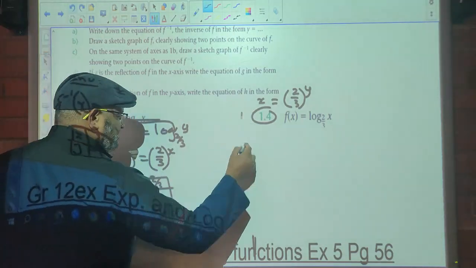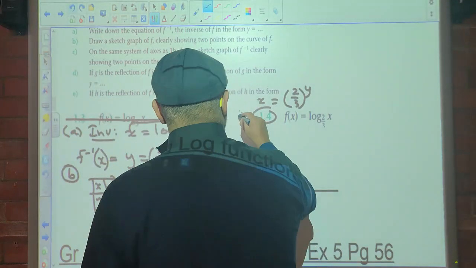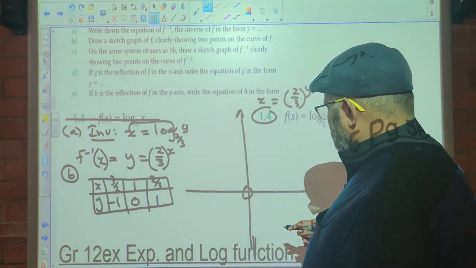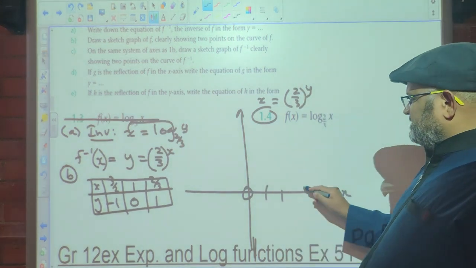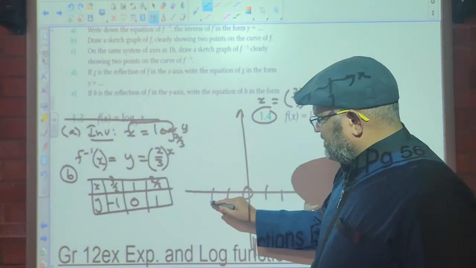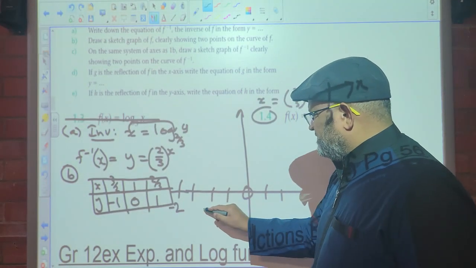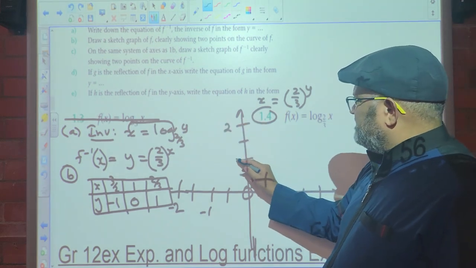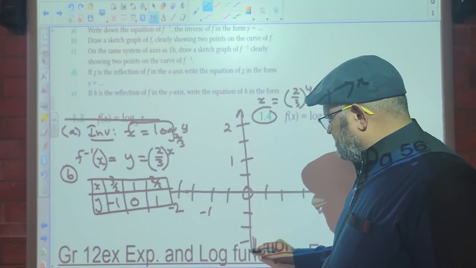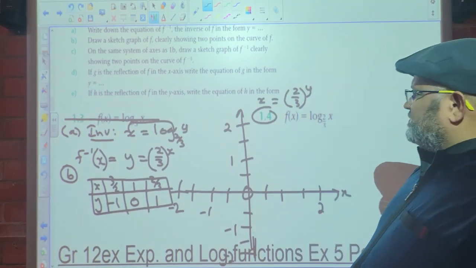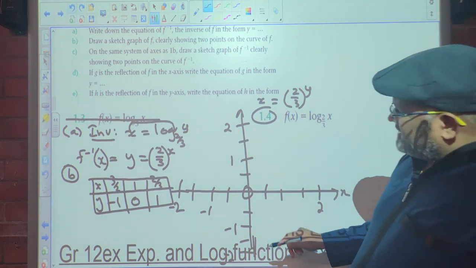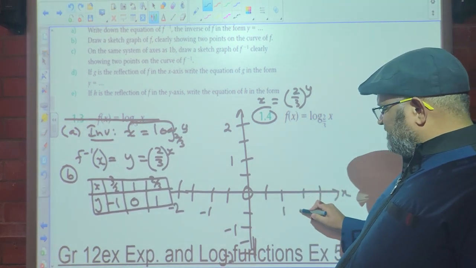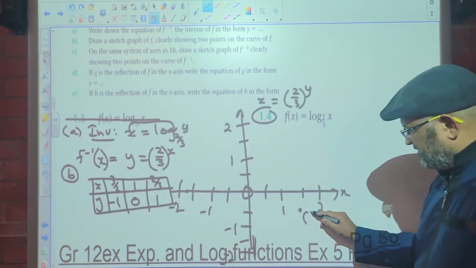So if I draw this graph, okay, so it's 0, it's in halves, so it's 1, 2. Okay. So if x is 1.5, which is here, y is -1, or 3/2 and -1.